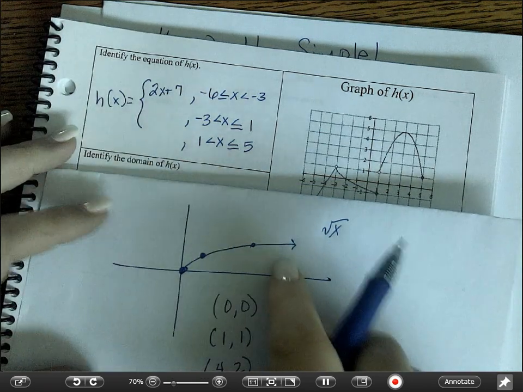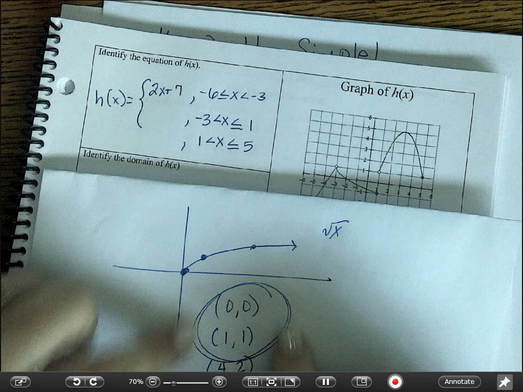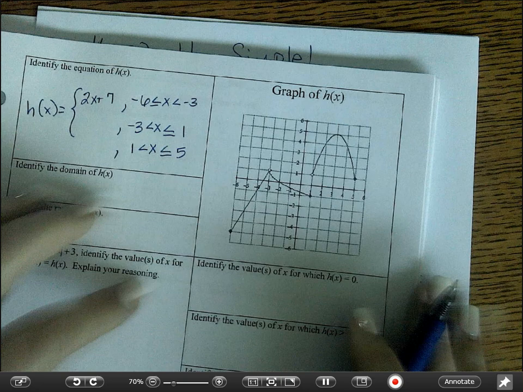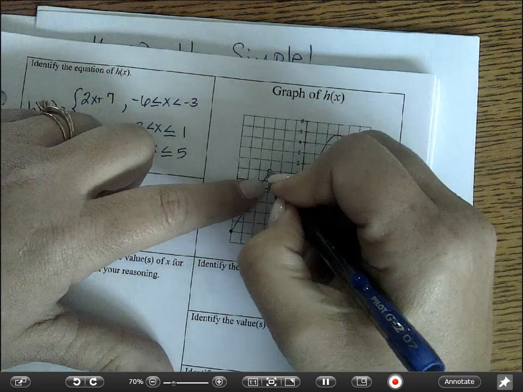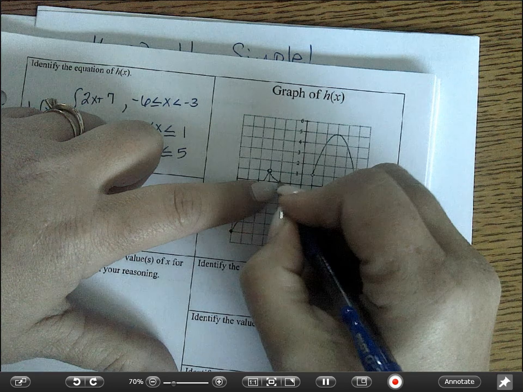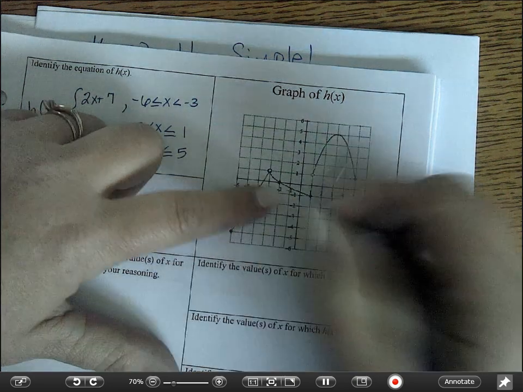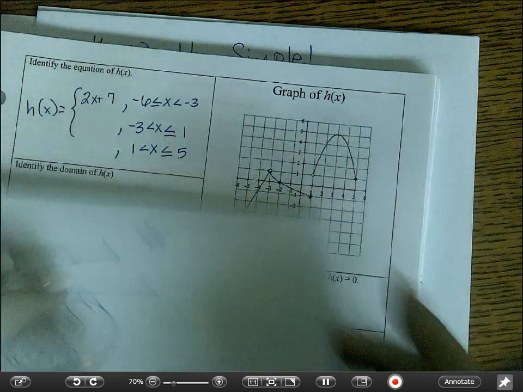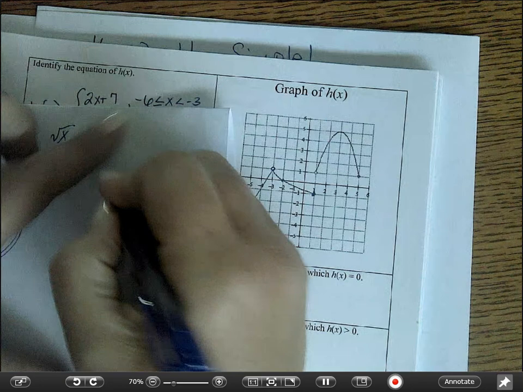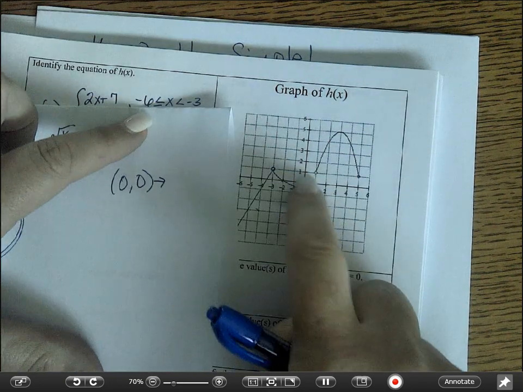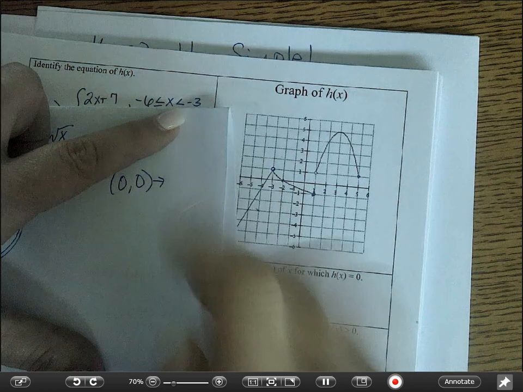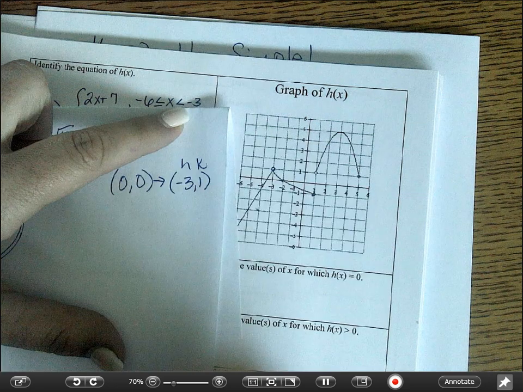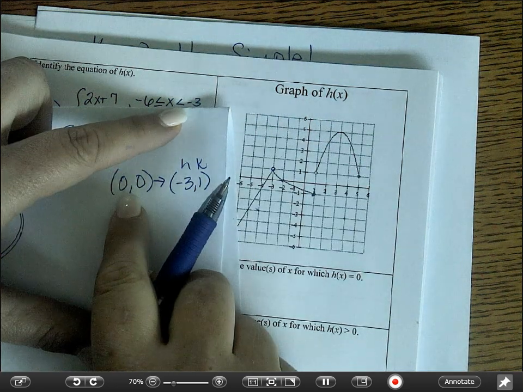So we need to establish the first 2 points on that radical. I've got this open circle here. The very next point is very close to it, and then I get farther away. So the point that corresponds to 0, 0 is now going to correspond to negative 3, 1. That is going to be my h and my k, because that's the original starting point.